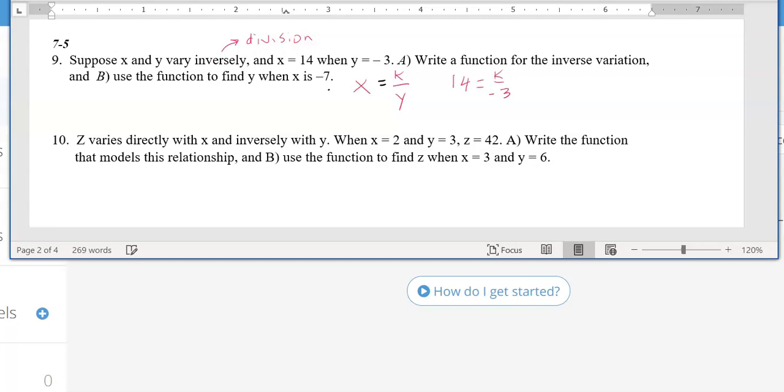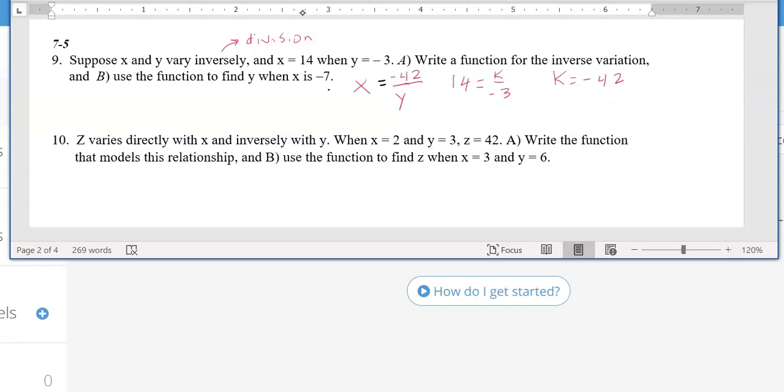So that tells me when I solve for k, k is going to be 14 times -3, which is -42. All right. We know now that our inverse variation equation specific to this problem is -42 divided by y.